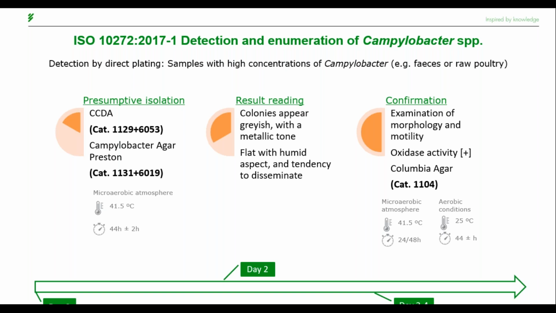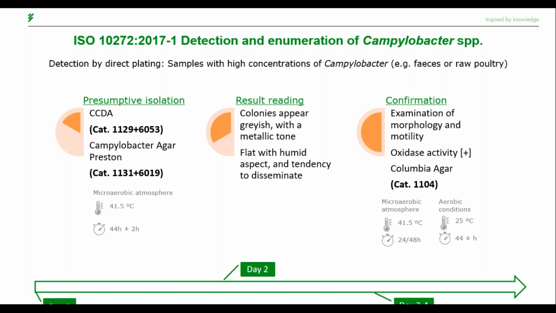Here, the enrichment technique is not used. The sample is plated directly or after suspending in an appropriate amount of liquid onto Campylobacter agar-based blood-free, CCDA. The incubation conditions are at 41.5 degrees Celsius in a microaerobic atmosphere, and examined after 44 hours to detect the presence of suspect Campylobacter colonies.